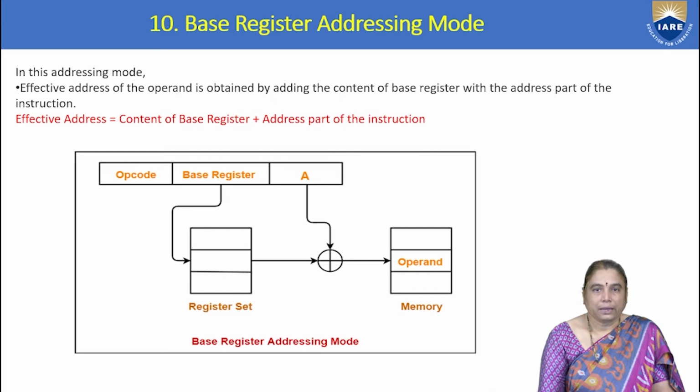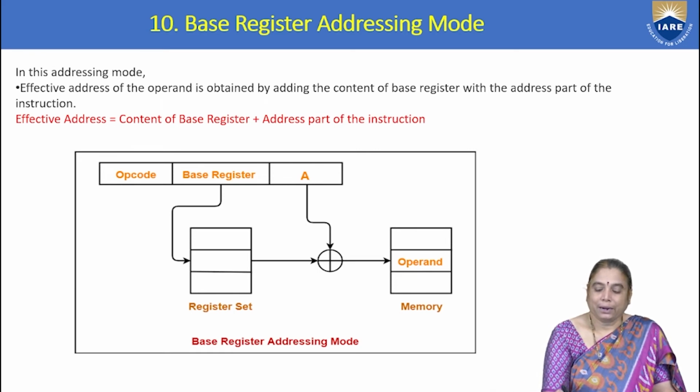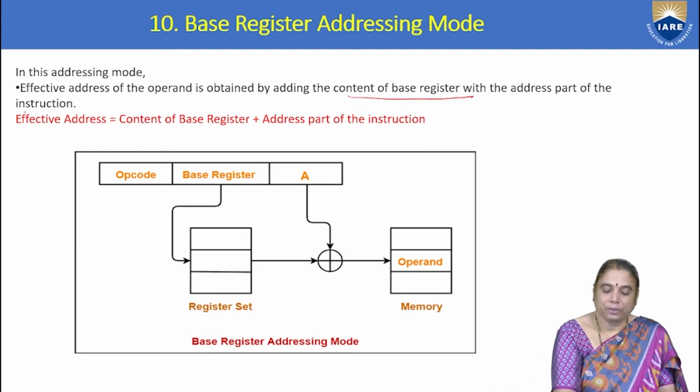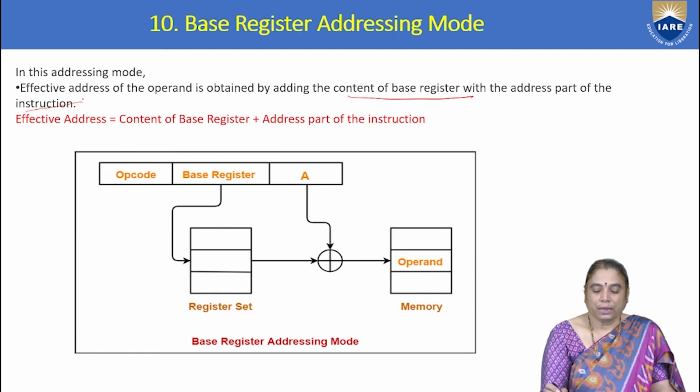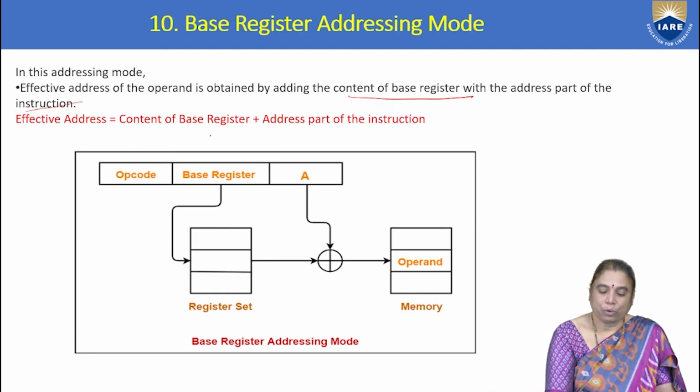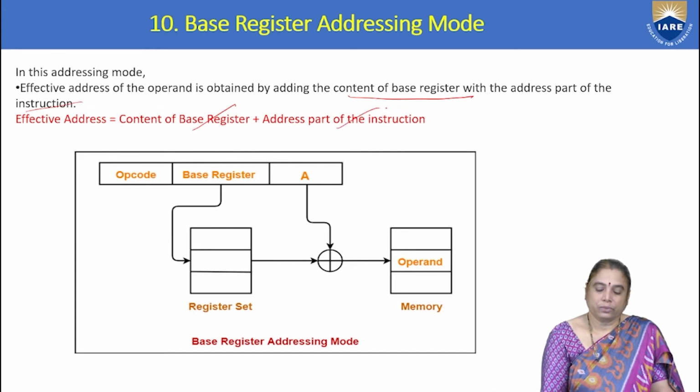And the last category of addressing mode is the base register addressing mode. In this addressing mode, the effective address of the operand is obtained by adding the content of the base register with the address part of the instruction. So the effective address equals the content of the base register plus the address part of the instruction.